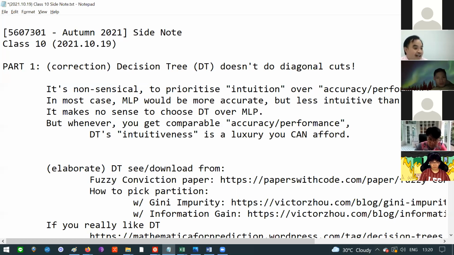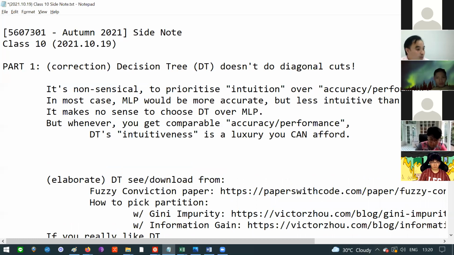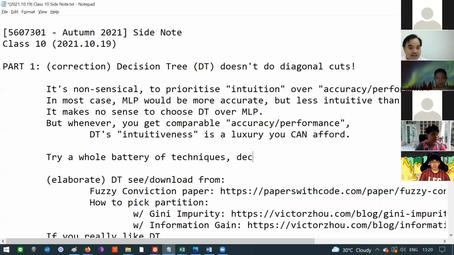In other words, the way we work, and this is what I've done in my professional consultancy and data science career, is I try a whole battery of techniques, and then decide on merit.